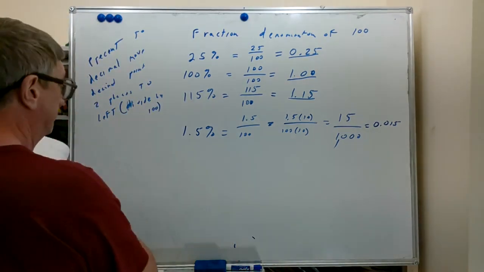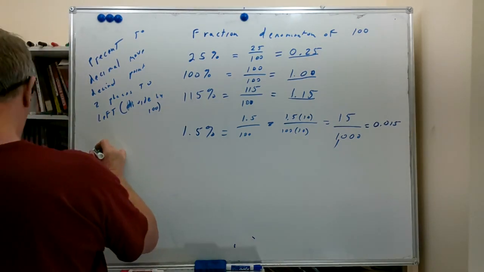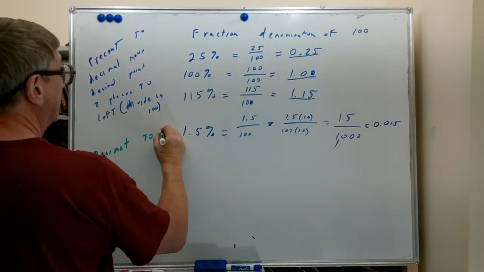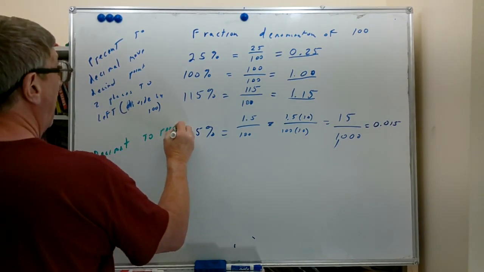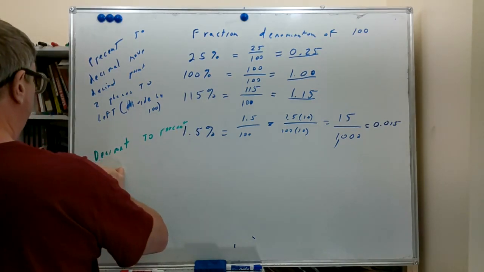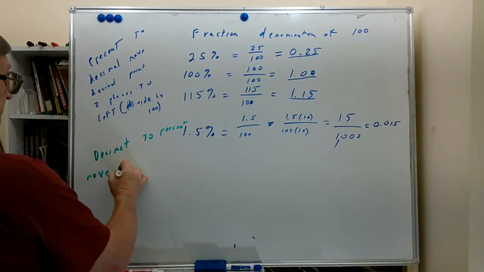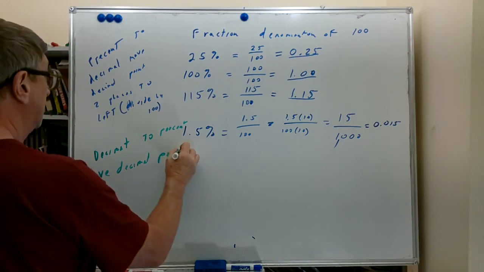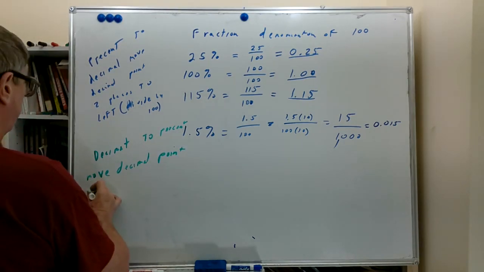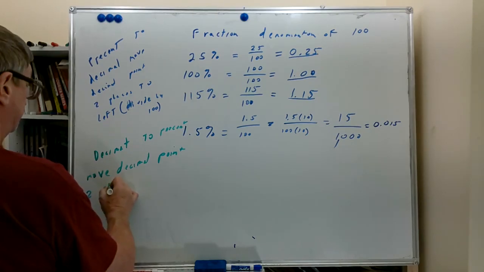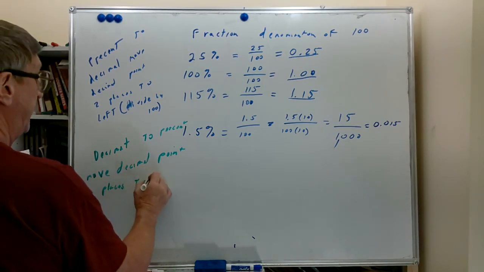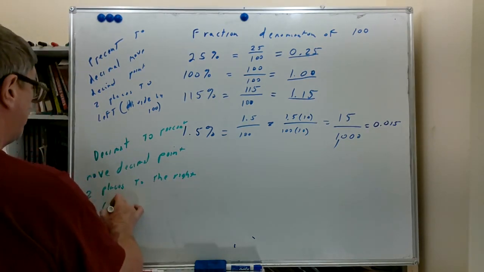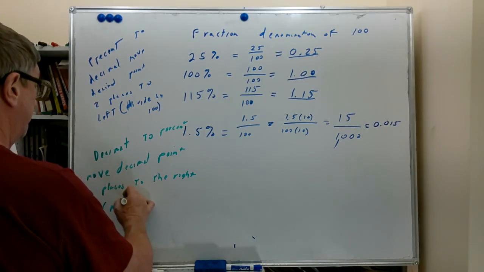Another rule, to go from decimal to percent: move the decimal point 2 places to the right, which is the equivalent of multiplying by 100.